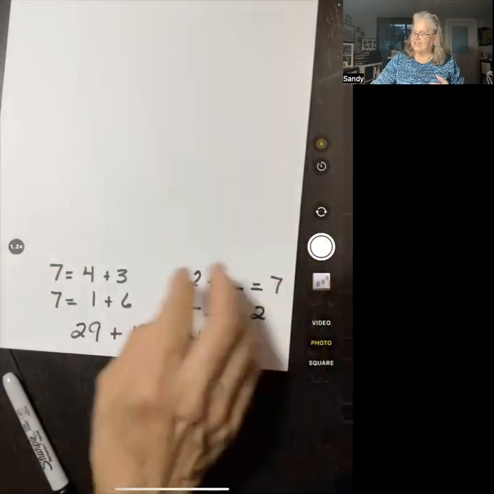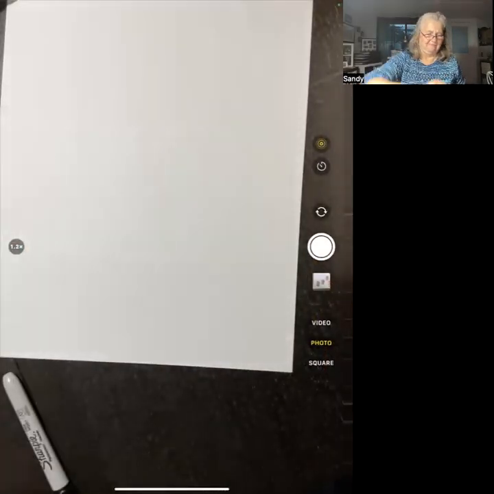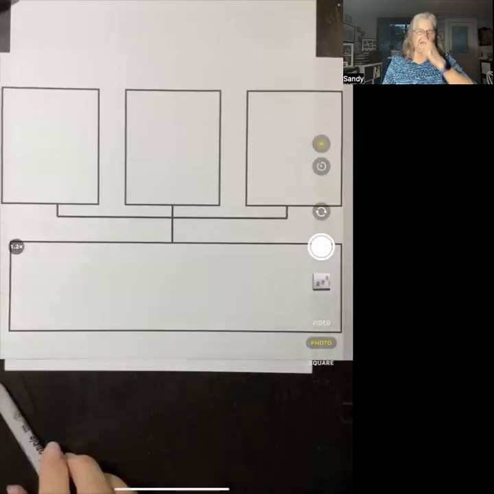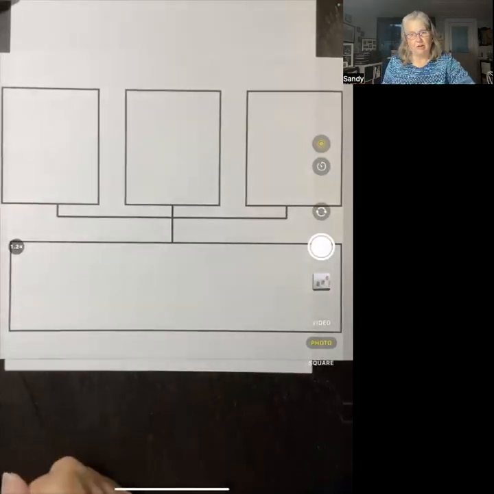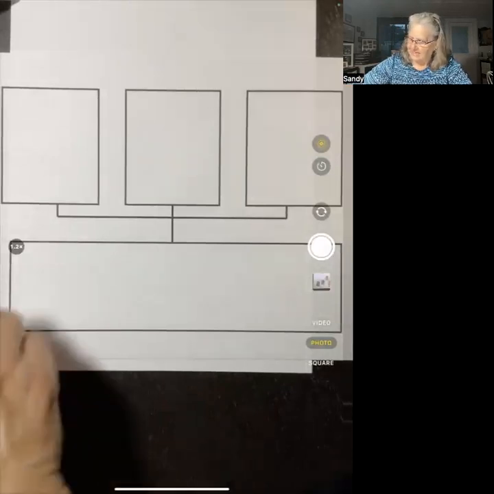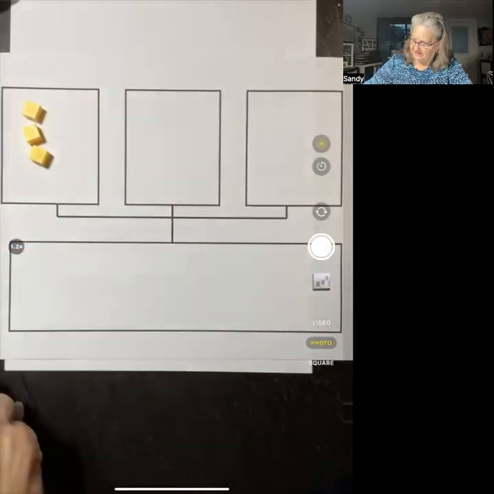Now, it's really a variation on that idea, our equal grouping chart. As your children get into multiplication, this chart becomes more helpful. And the idea is that I'm going to do 7 again here.